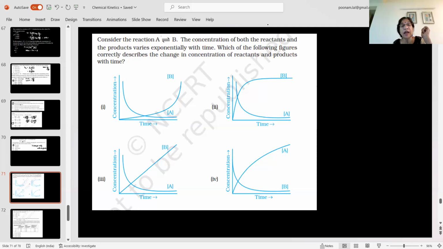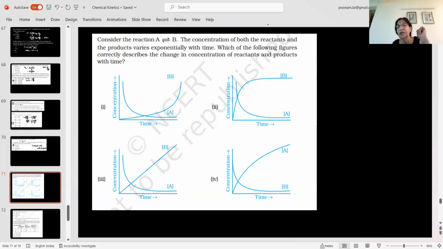The concentration of the reactant is changing here, right? And the concentration of the product, you see how it is increasing. So when the reactant is minimum, the product is maximum. Can it be possible? It is not possible. Now look at the next graph.